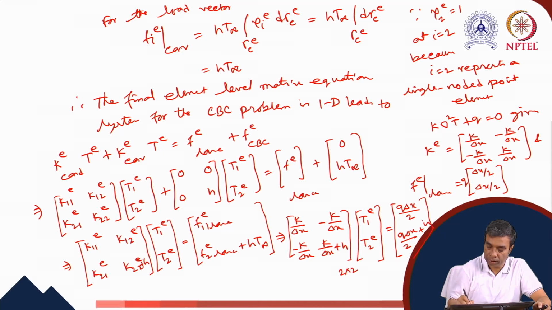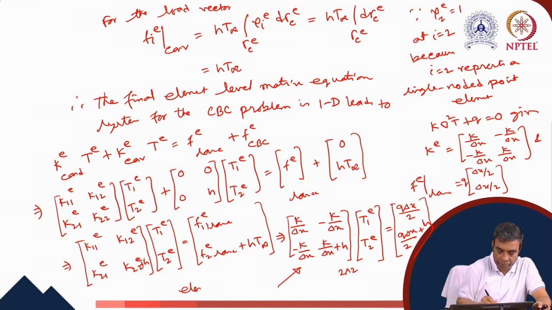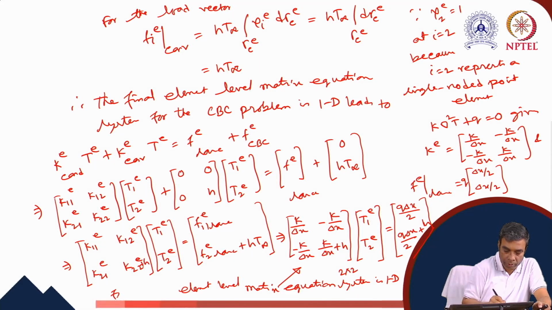So this is the element level matrix equation system in 1D for a two-noded bar element subject to CBC.